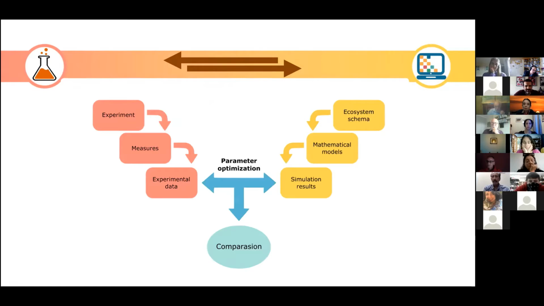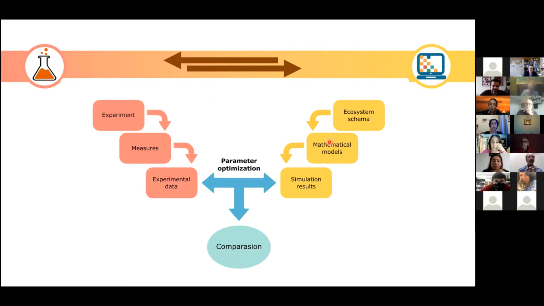For that, we start by defining an ecosystem schema based on the fundamentals of the experiment. It means that we have to include in this schema all the processes with ecological meaning for the experiment. These processes are implemented through mathematical equations.